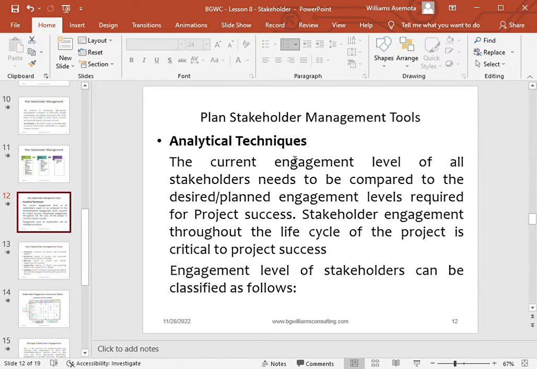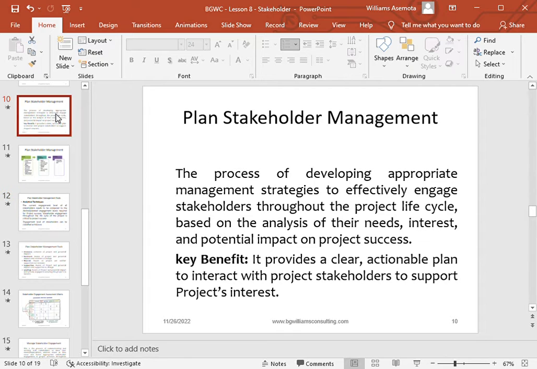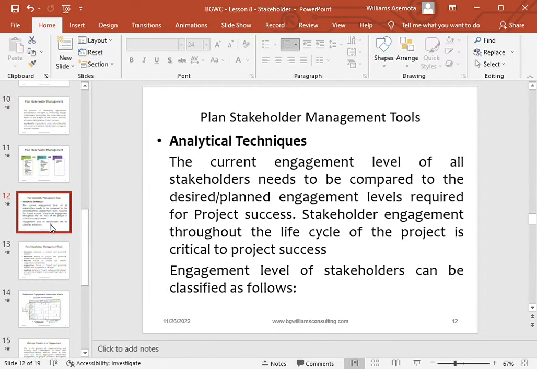So you can see what the analytical technique is all about. It is saying that the current engagement level of all stakeholders needs to be compared to the planned. Do you get it now? Remember, at this point you have planned how you will communicate with each of those stakeholders. Now the project has already started and you have started engaging with those stakeholders.